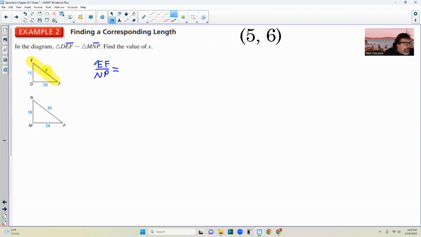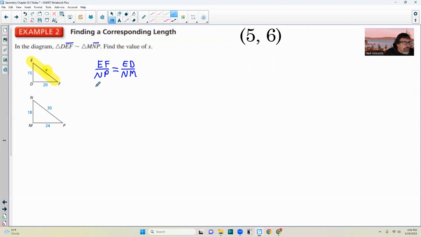So we always pick a side that we don't know and the side that we do know that it corresponds to, along with something we know both. So then I'm going to choose ED in this case, and I'm going to say ED corresponds to, and if I look up at the name, ED is the first two letters, that corresponds to NM. Okay, it doesn't matter which two you choose as long as you're choosing one that has the missing value.